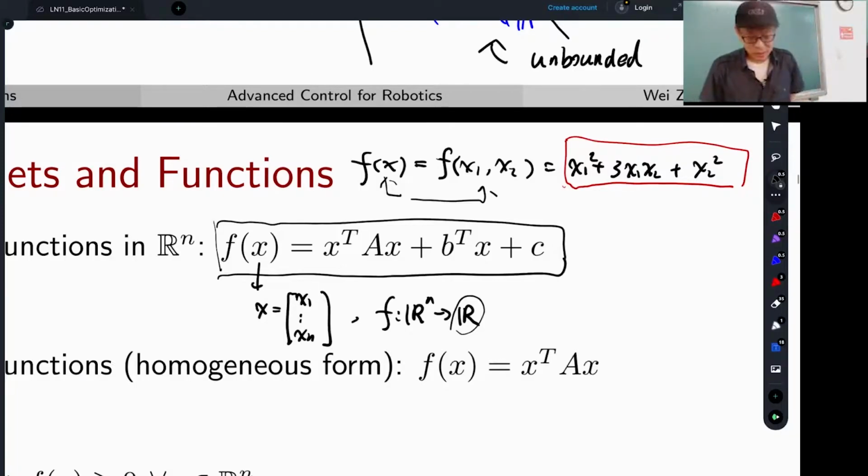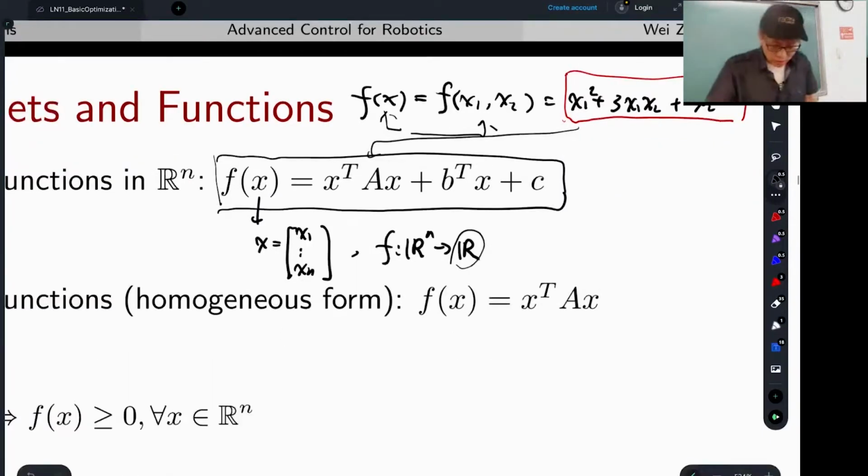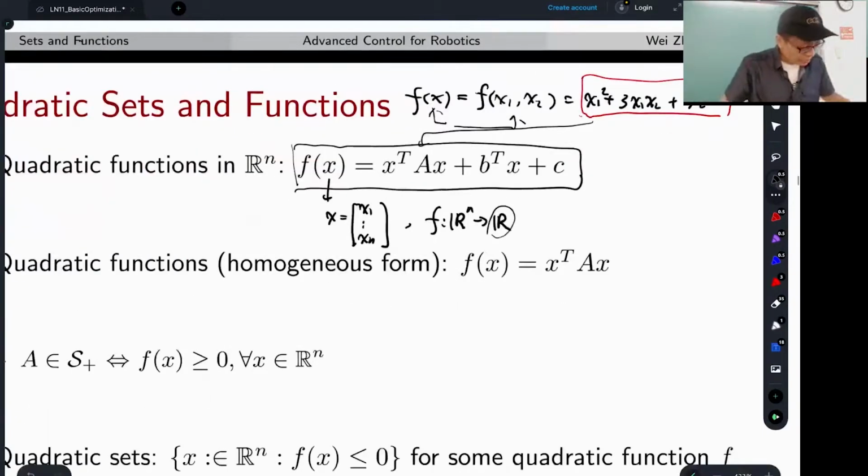All zeros. Why? There's no linear term. There's no constant term. They're all zero. Because there is no first order term. Yes, exactly. There's no first order and no zero order term. Okay, good. So you know how to do the mapping.